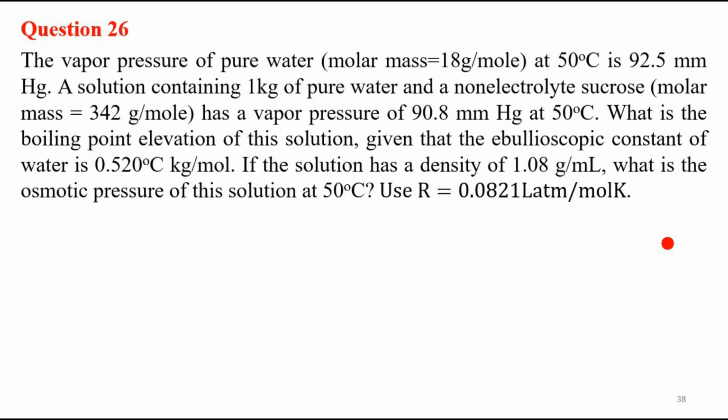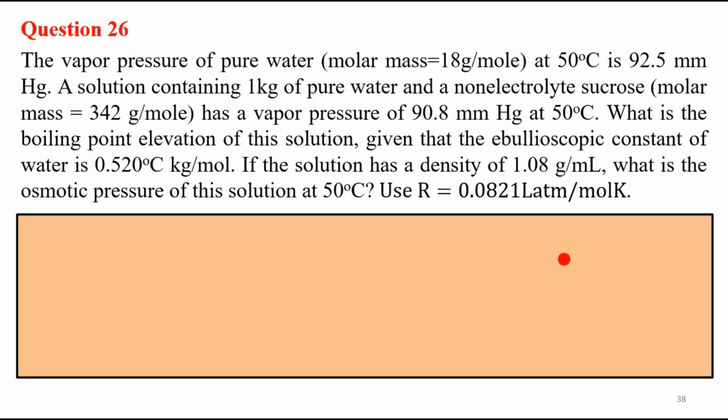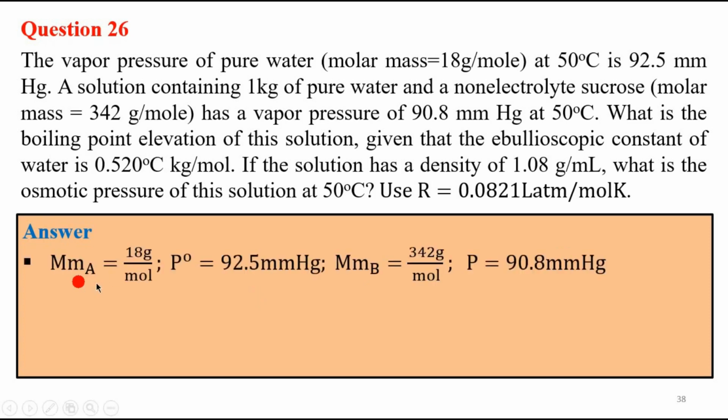Let's quickly see how we can use the vapor pressure that was given, the vapor pressure of the solution and the vapor pressure of the pure solvent, to calculate the molality, so that we can calculate the delta TB for the boiling point elevation. So here what do we have? We have the molar mass of the pure solvent, we have the P naught, which is the vapor pressure of the pure solvent, and we have the molar mass of the solid, and we have also the vapor pressure of the solution.